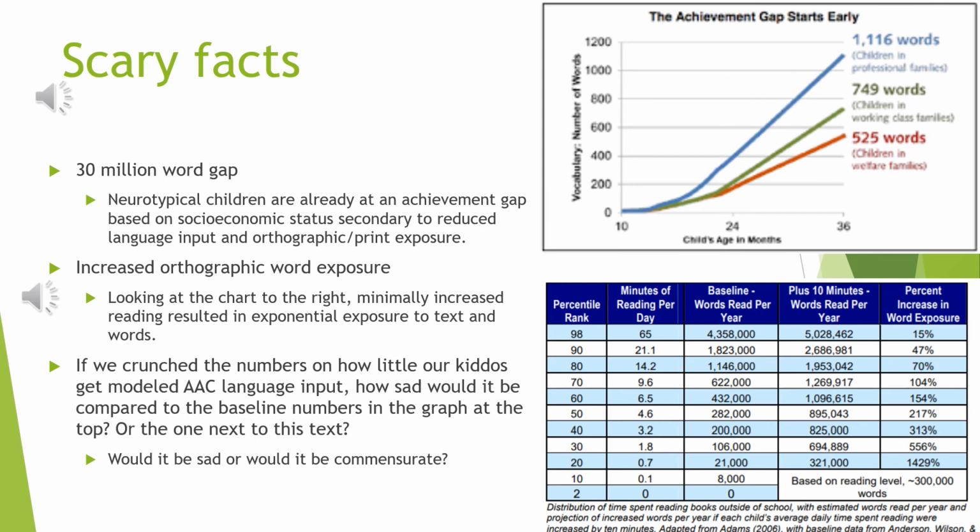So at the bottom 20th percentile, that group of kids, by just increasing those 10 minutes, they saw a 1,429% increase in word exposure. Okay, so that's pretty significant. That's almost 1,500% by just adding minutes a day into overall minutes per year.